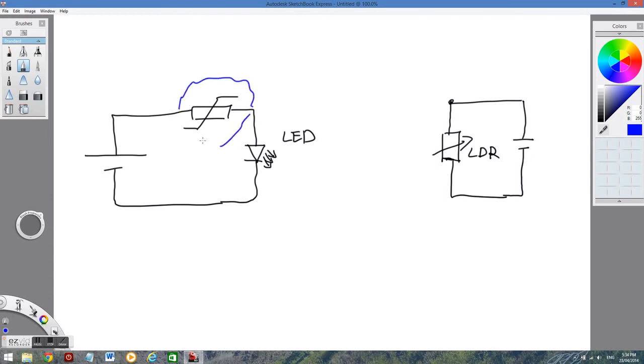The variable resistor is the signal input. It may be a microphone, it may be a computer. So say we use a microphone. When I talk to the microphone, the resistance of the variable resistor changes. Then the voltage across the LED changes, because it's a light emitting diode.